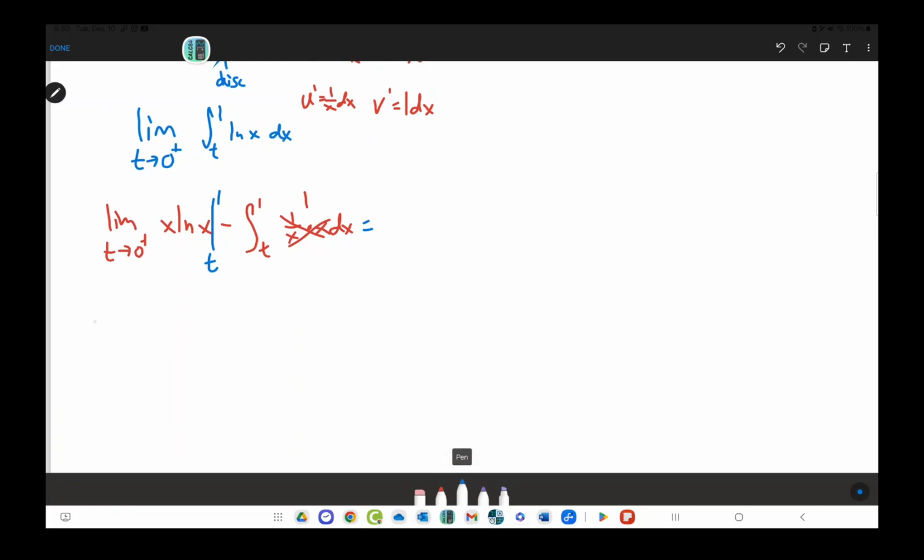So this gives me the limit as t approaches 0 from the right. Here, if I plug in 1, I get 0, because natural log of 1 is 0, right? Minus t natural log of t. Minus, here, what's the antiderivative of 1? It's x. So I have x from t to 1, so minus 1 minus t.